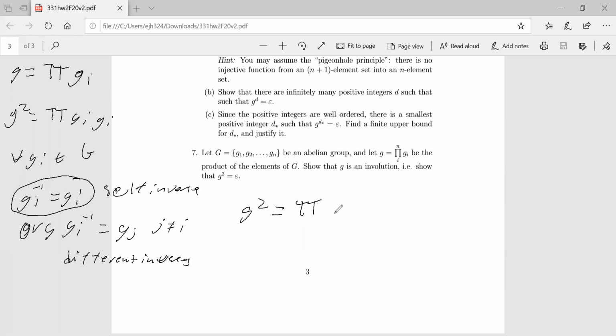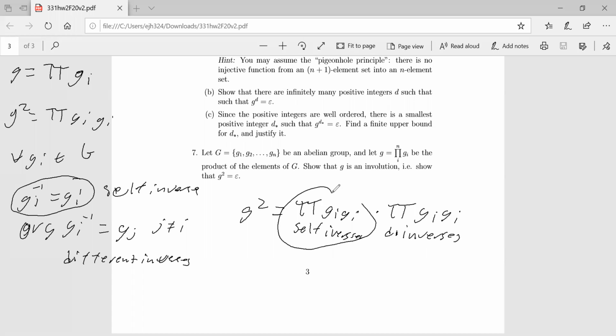So we get the product of GI over self-inverses times the product of GI over different inverses.